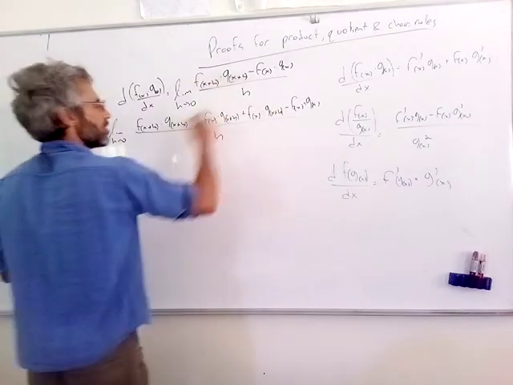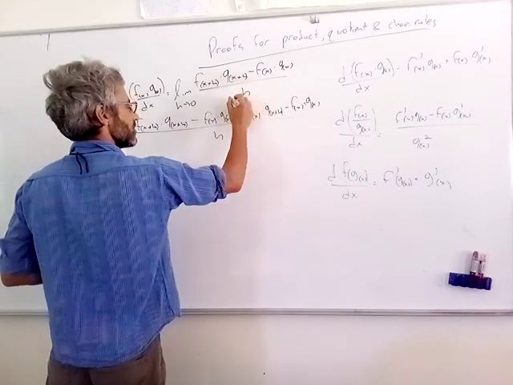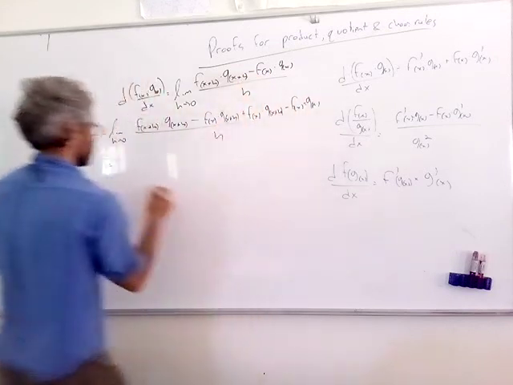Now I'm going to divide into two fractions. So that's going to be one fraction. Let me just check that I've got it right. Yes. So that will be one fraction, and that will be the other fraction.